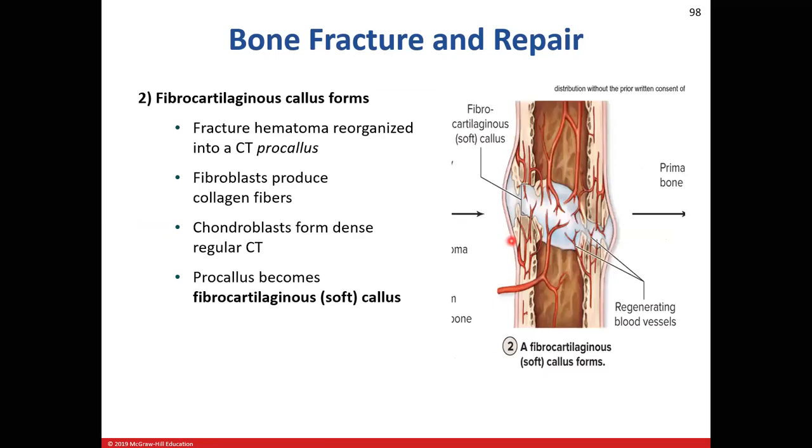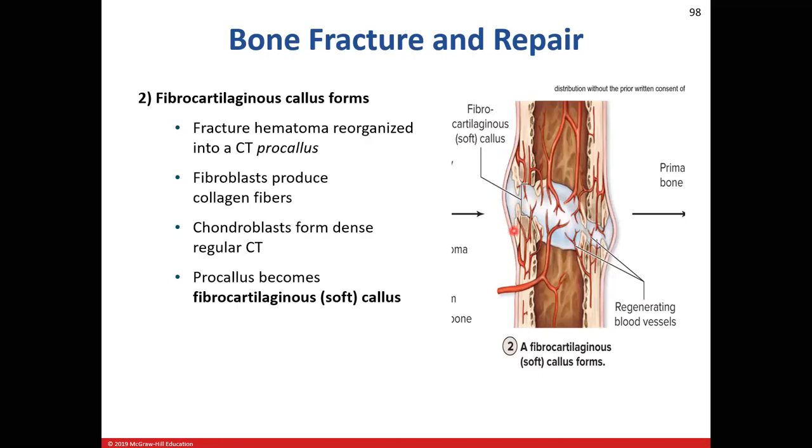The second step in fracture repair is where we have the fibrocartilaginous callus beginning to form. You'll start to see that the hematoma reorganizes into a connective tissue procallus. We have fibroblasts in here that are producing a fibrous material called collagen, and we're creating this collagen fiber that starts to attract the ends of the bone.